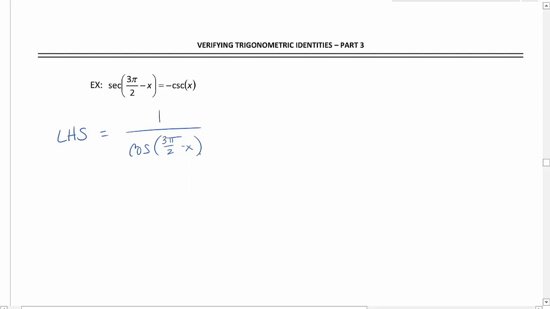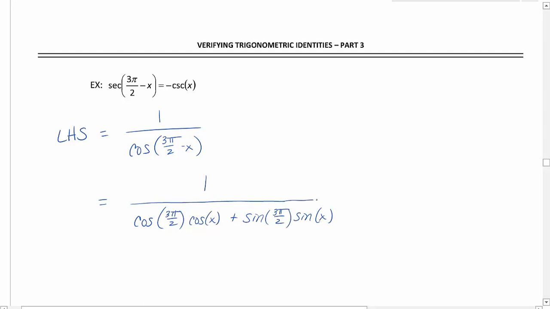Now we're going to use our difference formula for cosine in the denominator. Our difference formula for cosine of 3 pi over 2 minus x is going to be cosine of 3 pi over 2 times cosine of x plus sine of 3 pi over 2 times sine of x.